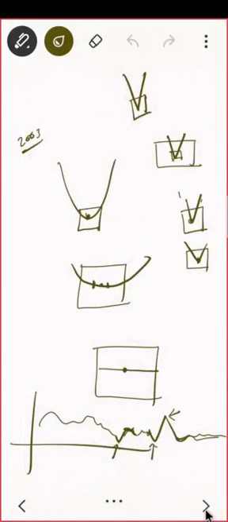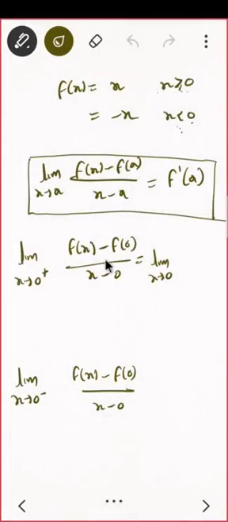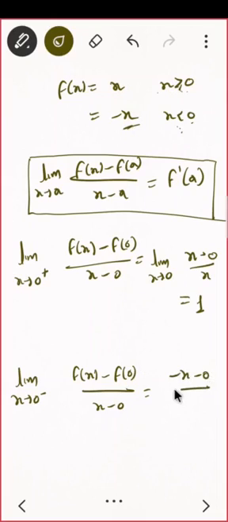So f of x is equal to x. So at this place I'll be putting x minus f of 0, which is 0, upon x. So that is 1. But what about this? When you are coming from the negative side, your function is minus x. You see? So it is minus x minus 0 upon x. So the answer is minus 1.